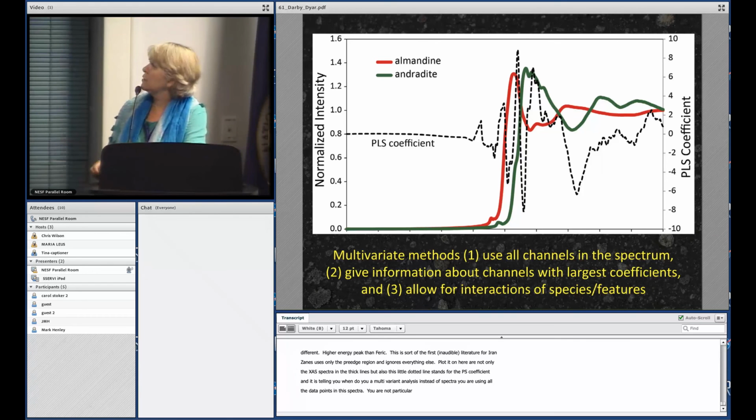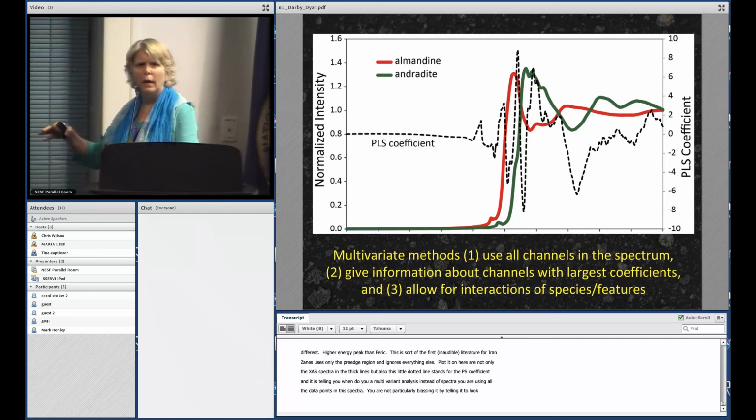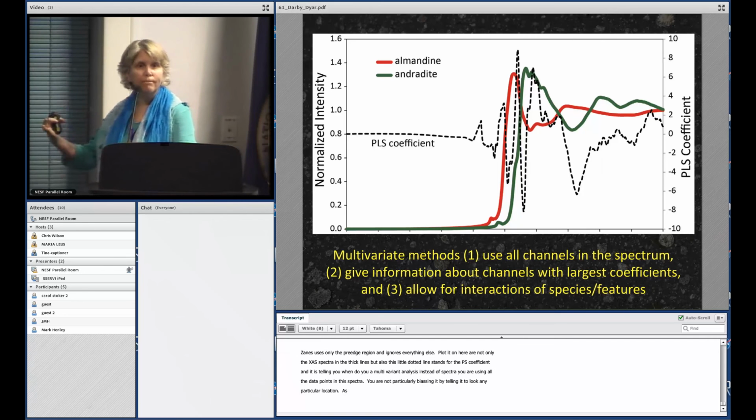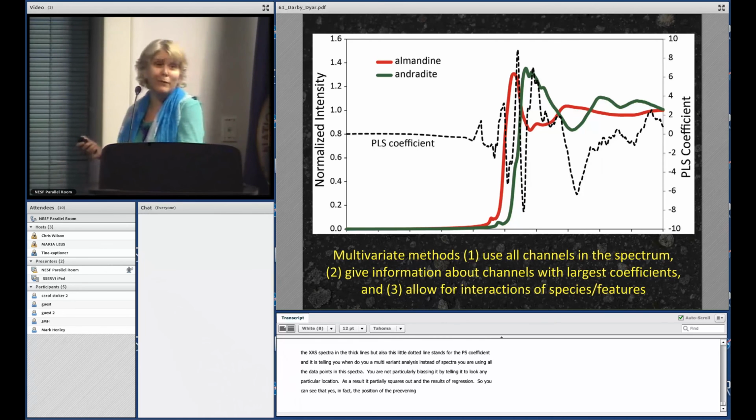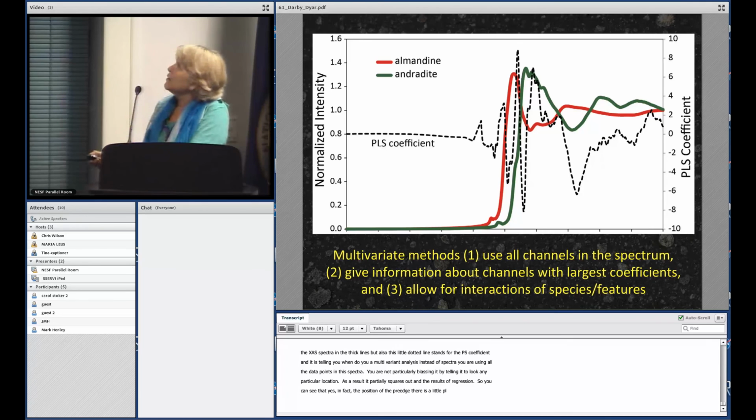As a result, the partial least squares algorithm will tell you the magnitude that each channel has on the results of the regression, or on the predicted variable. And you can see that the position of the pre-edge has a little blip in the PLS coefficients. It does have a little bit of an effect on predicting ferric, but clearly way better areas for understanding the valence state of iron in this sample are here and here and here.